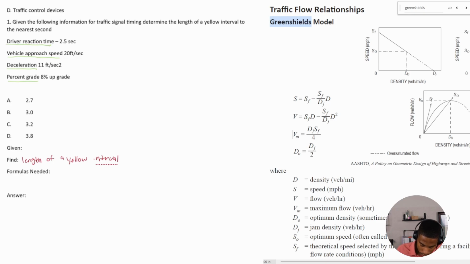Okay, so what are the formulas that we need? All right, traffic signal timing. I'm just going to search in my FE handbook for signal and see what comes up.